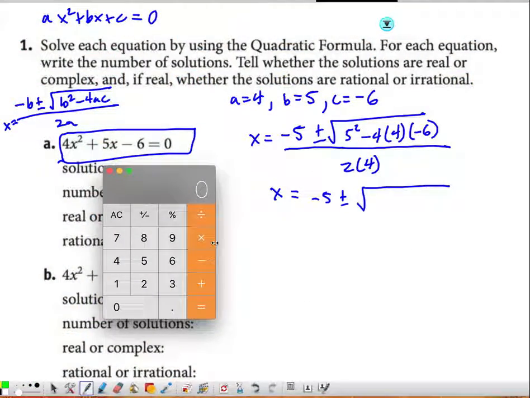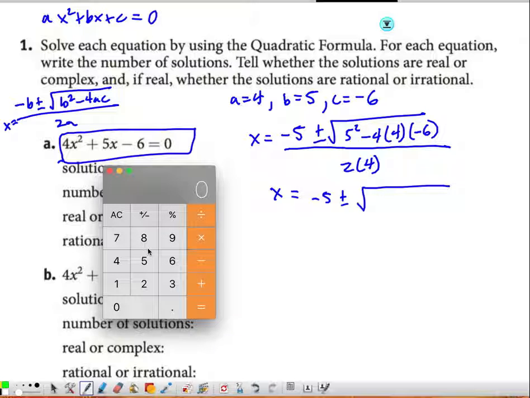First of all, 5 squared is 25, minus 4 times 4 times -6. That didn't turn out right. 25 minus 4 times 4.